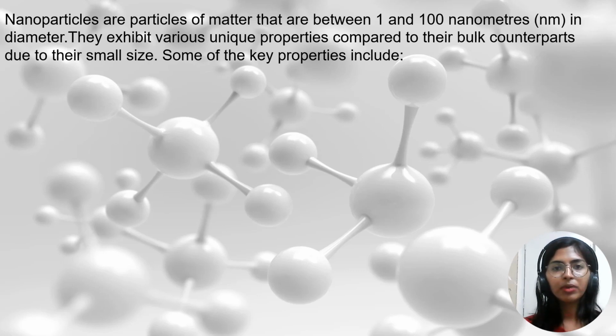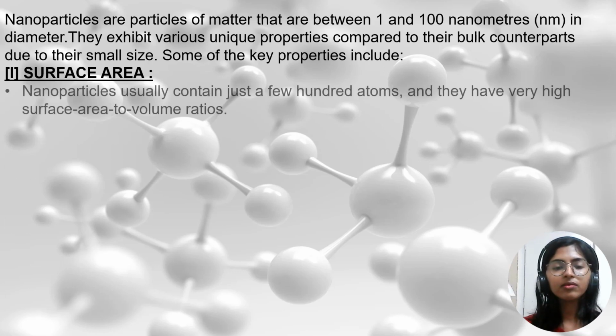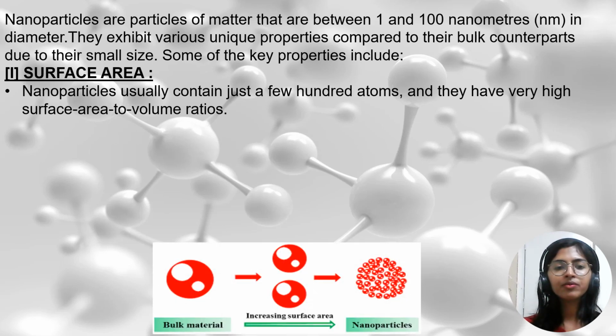The first property which we are going to discuss is surface area. Nanoparticles usually contain just a few hundred atoms and they have a very high surface area to volume ratio. The picture here shows us how the surface area increases when the bulk material is converted into nanoparticle.